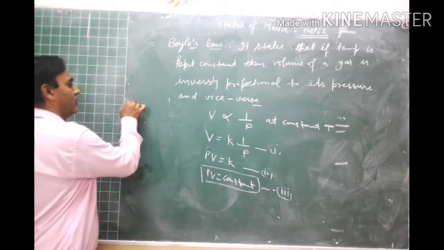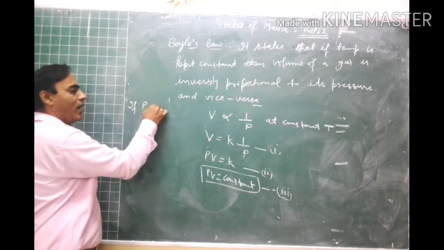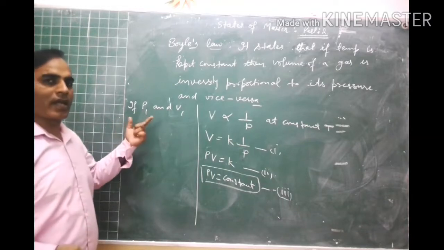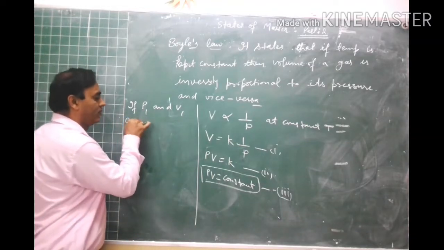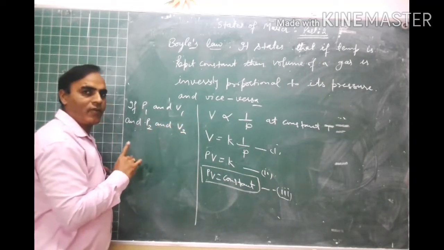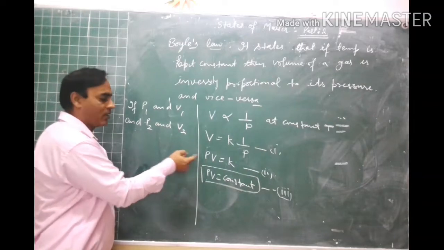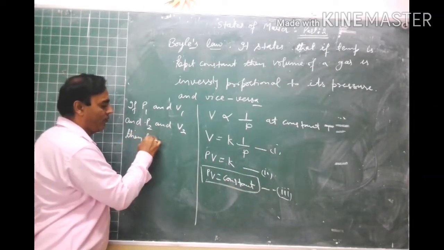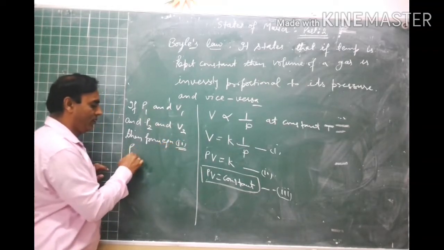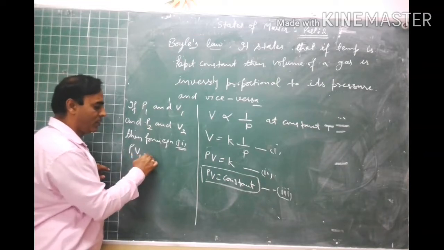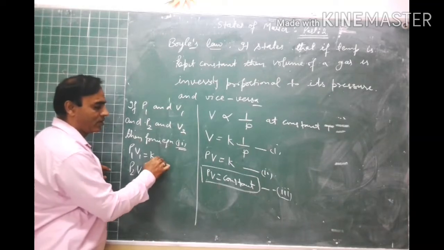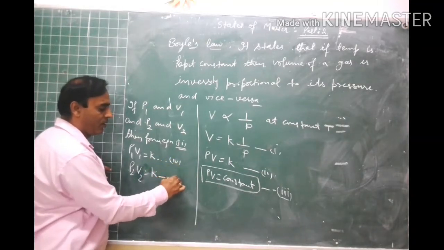Now if P1 and V1 are initial pressure and volume of the gas, and P2 and V2 are final pressure and volume of the gas, then from equation number 2, we can write P1 into V1 is equal to K, P2 into V2 is equal to K. This is equation number 4 and this is equation number 5.